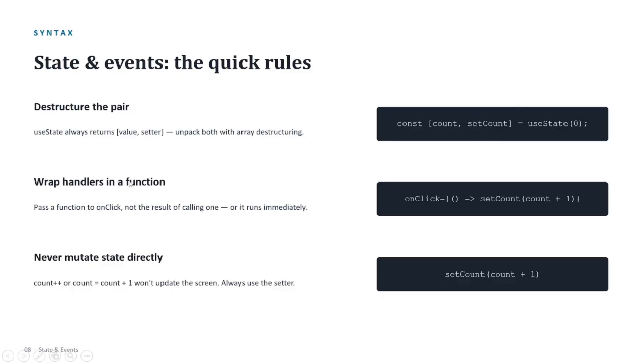Then rule number two is that we pass a function to onClick. Why do we do so? Because we have to tell that when I click on this button, then you have to update the value. Okay, so that is why we pass a function. And please remember that you have to wrap it up in a function. Okay, because if you don't wrap it up in the arrow function from here to here, then what will happen is React will run it immediately when the page loads, which doesn't make any sense, right?